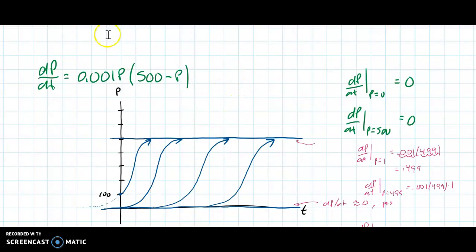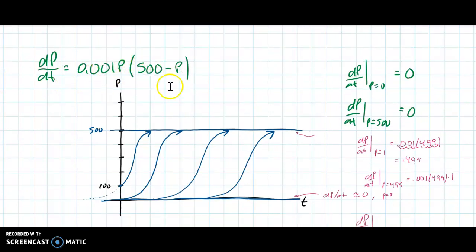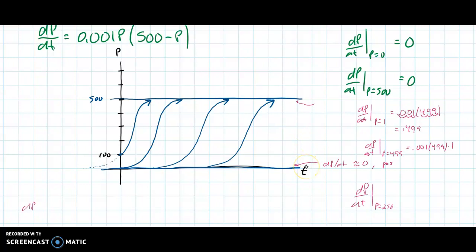Now let's talk about what happens above this carrying capacity line of 500. Let's plug in 600. dp dt evaluated at 600, so that's 100 above the 500, is equal to 0.001 times 600 times 500 minus 600.